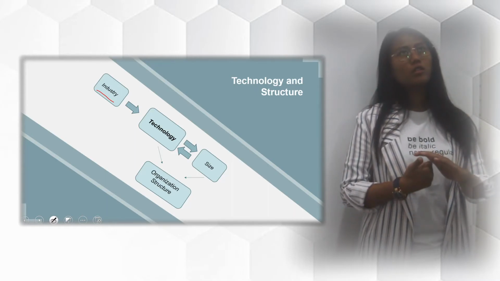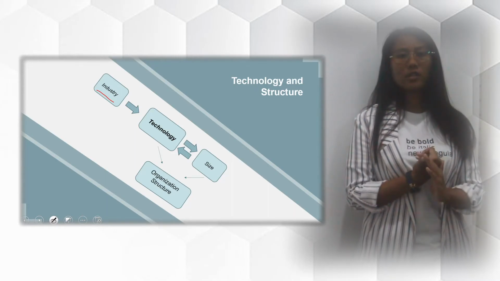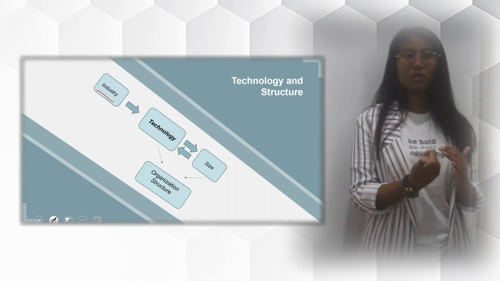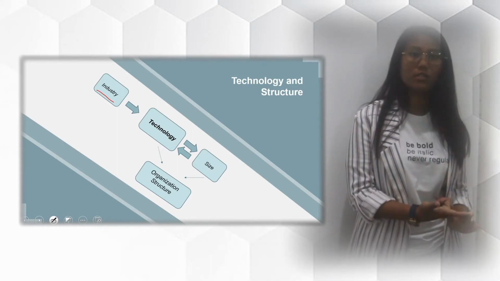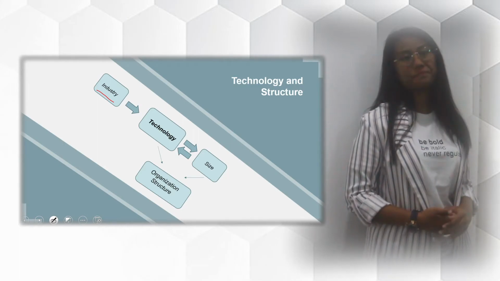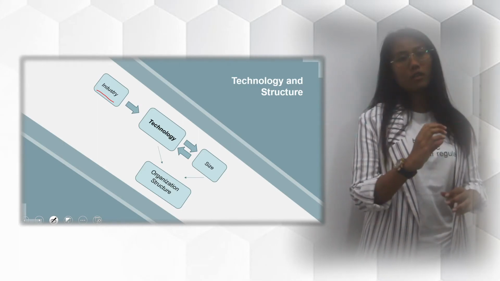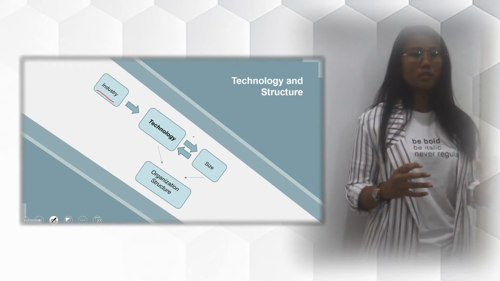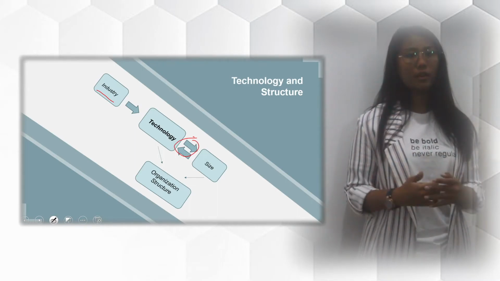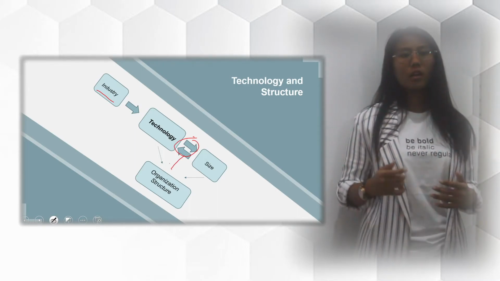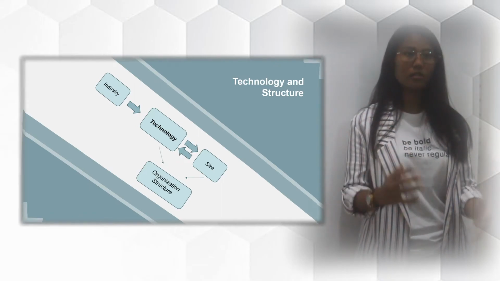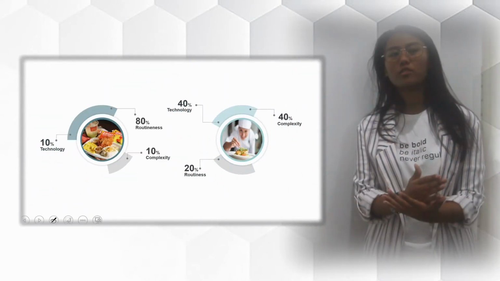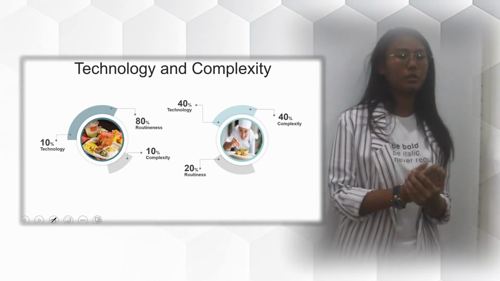If the industry is manufacturing, the technology that they use and the structure must be different from those of the service industry. Technology and size affect and influence each other, and because of that relation, they can affect the organization structure.